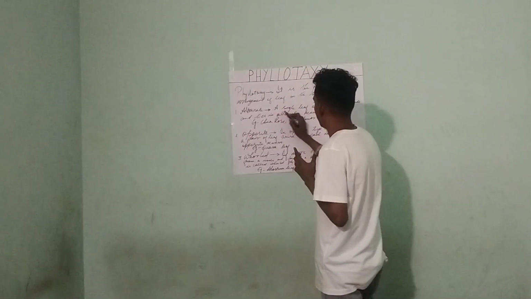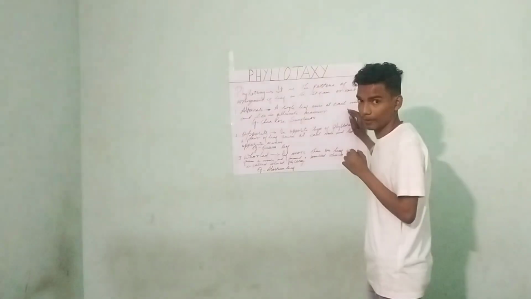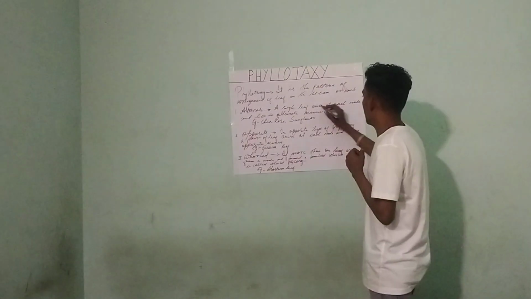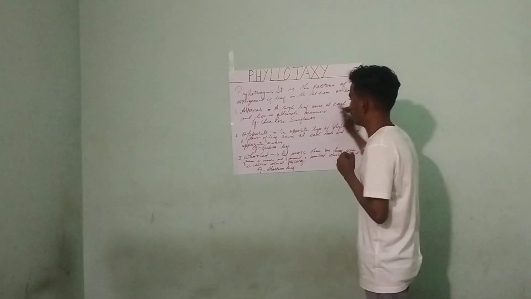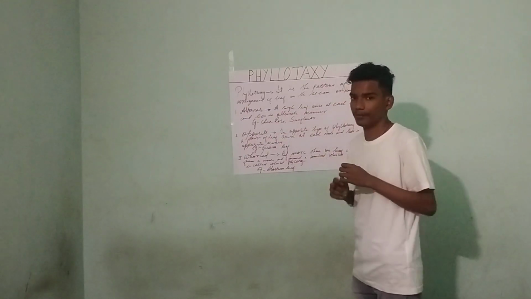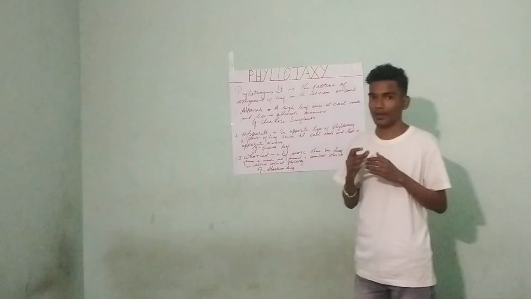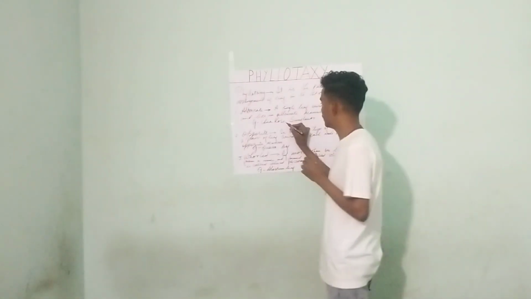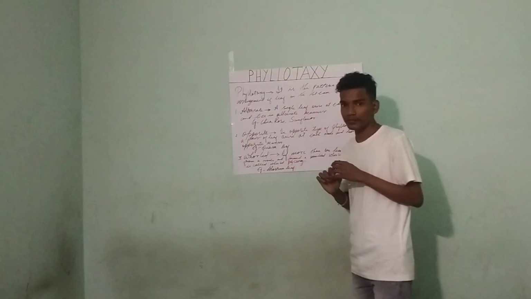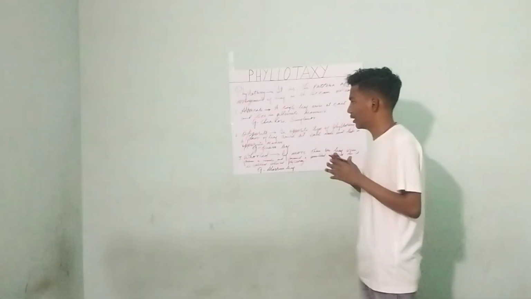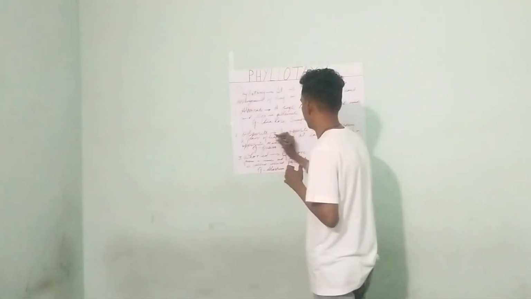Alternate: a single leaf arises at each node. As I told you, leaves arise from the node. A single leaf arises at each node and lies in alternate manner. As I told you, the example of alternate will be seen in China rose and sunflower leaf. Next we have opposite.